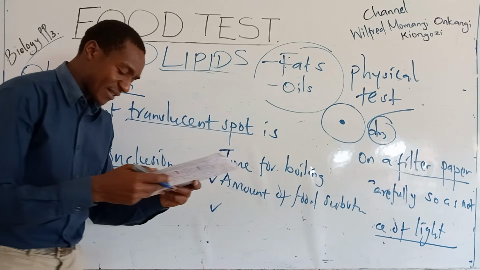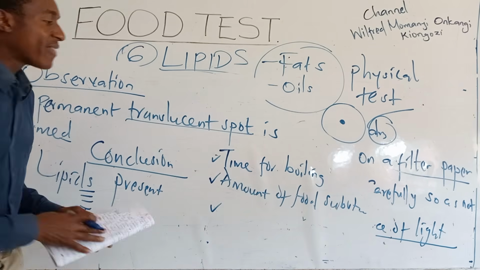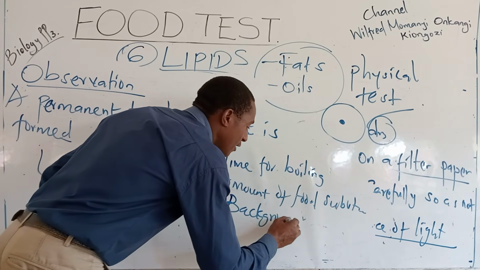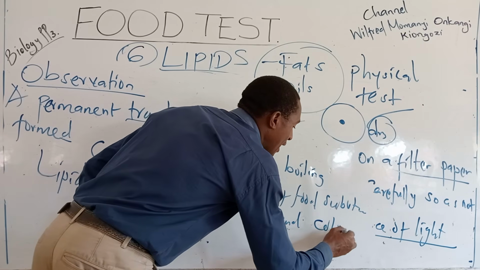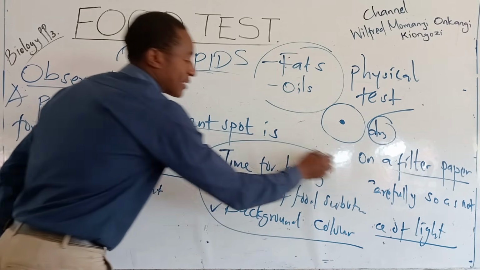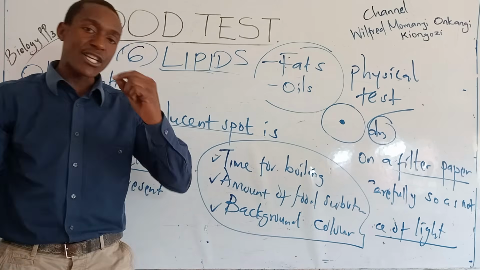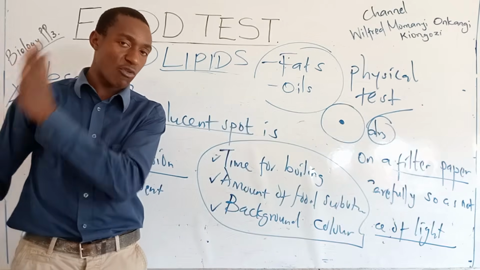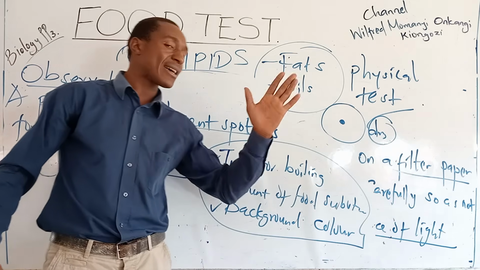Then of course we also have something else you must quantify. Then the background color must always be marked, so that before you say a change has occurred, you say it has occurred from a given color to another color.